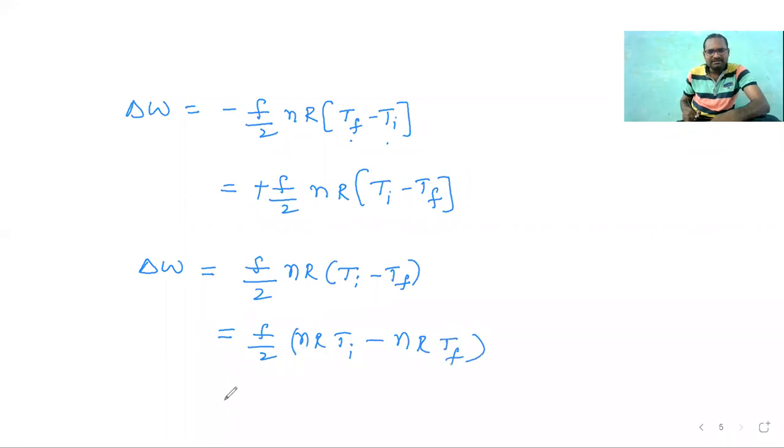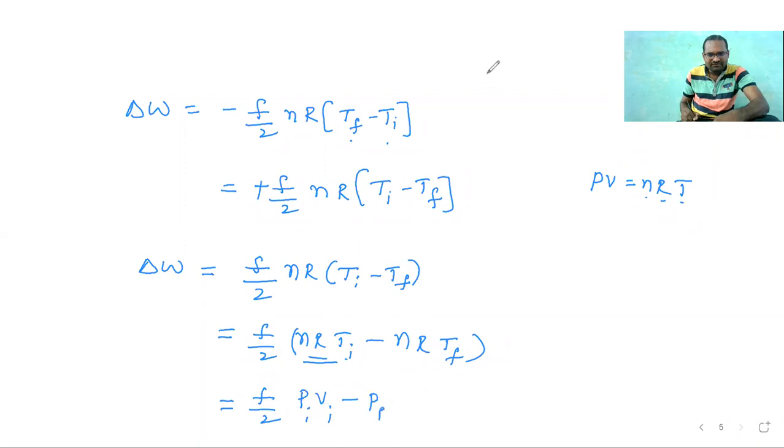What is the ideal gas equation? PV equals nRT, right? So in place of nRT, we can substitute PV. Here, this is the initial condition, so P initial V initial minus P final V final.